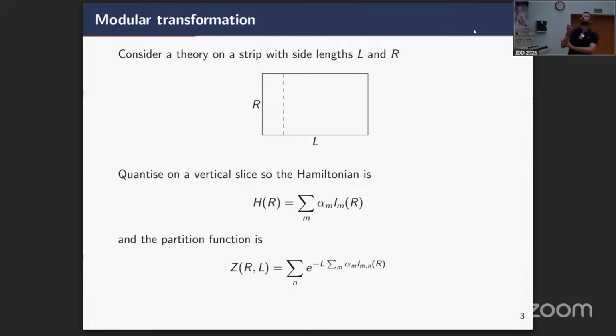I choose some slice, this time a vertical one, that I want to quantize my theory on, and my Hamiltonian is given as the sum over all of these charges, each with their own chemical potential. These charges depend on this length R, and then I evolve horizontally. So my partition function is just the sum over, again, exponentials of the eigenvalues of each of these charges.